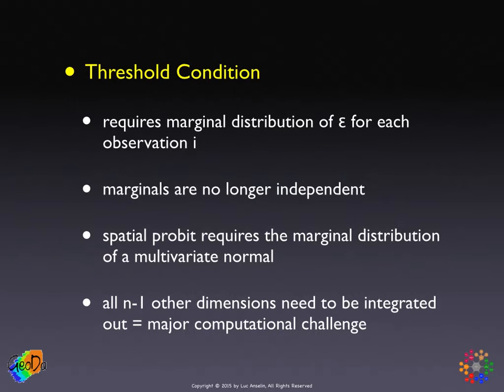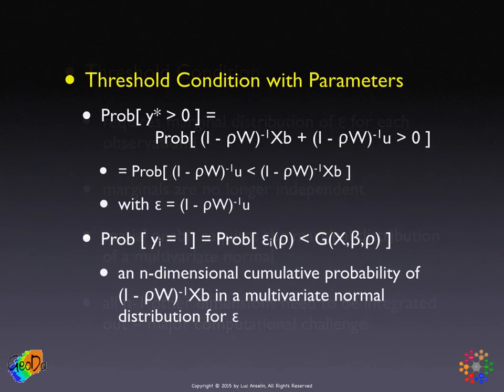So putting that aside for a second, let's look formally at what this means in terms of our threshold condition. Remember, everything now is a vector and a matrix, so no more individual sub-i's, because we cannot really express them that way. We have to keep in mind the whole joint nature of the distribution.